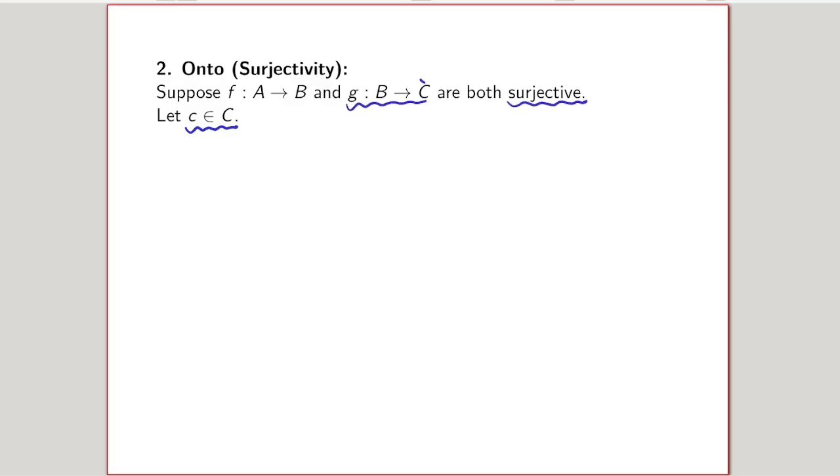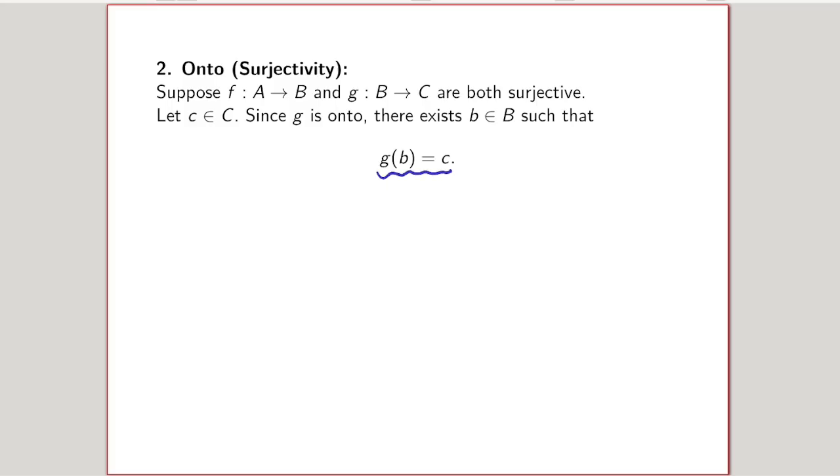So if I choose that element c from C, I can find one element b in B such that this element b will be mapped to the element c under g. Since g is onto, there exists one element in B such that g of b is equal to c.